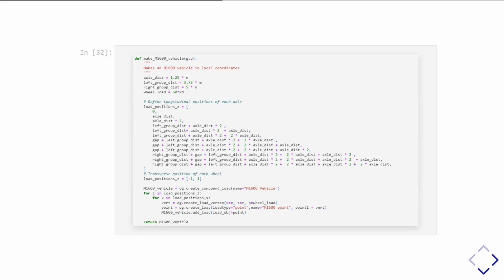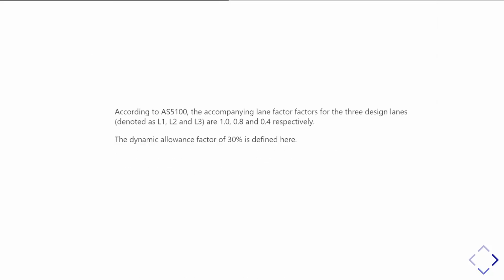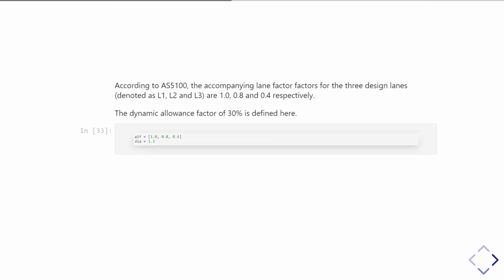Using for loops is really powerful. You can create many vertices, and then add the loads into load cases, and add load cases into the model itself. Not to spend too much time here, we'll move on to the actual definitions.